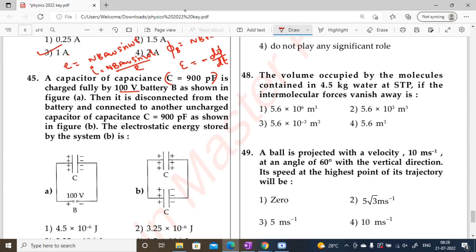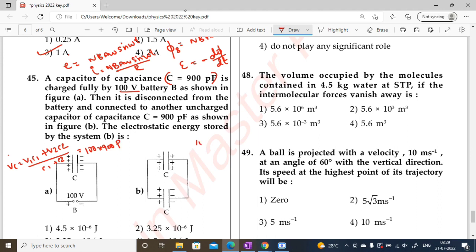The common potential is given by VC, which is V1 C1 plus V2 C2 divided by C1 plus C2, right? Initially V1 is 100, so the potential is 100, and C1 is 900 picofarad, pico being 10 power minus 12.